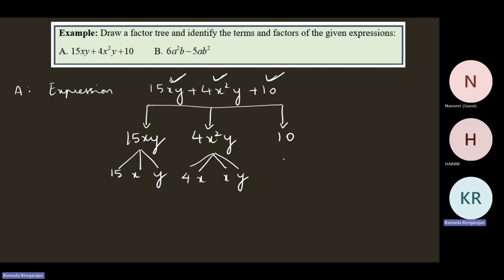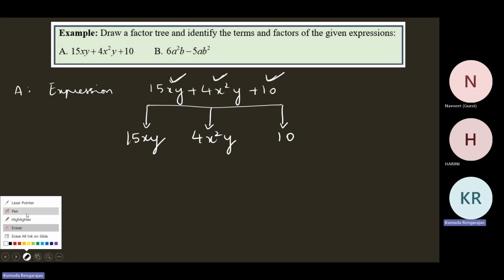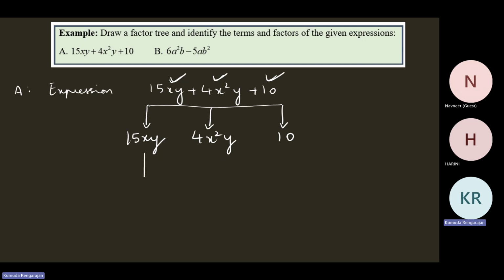If you have to make odd branches, you should start with a line in the middle and then keep doing this for an odd number of branches. If you want an even number of branches, then you should start like this, and then go on like this. I hope you understand. In 15xy, we have to branch out for 15, x and y, 3 terms, so I'll start like this: 1, 2, 3.